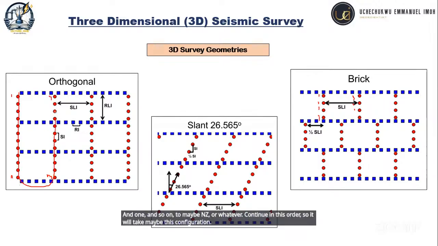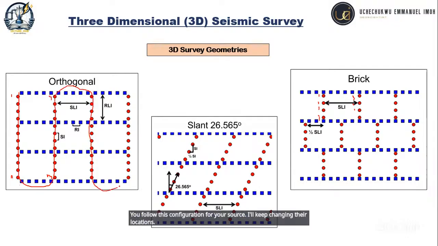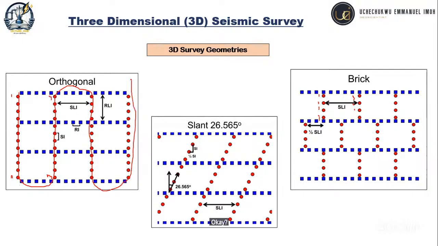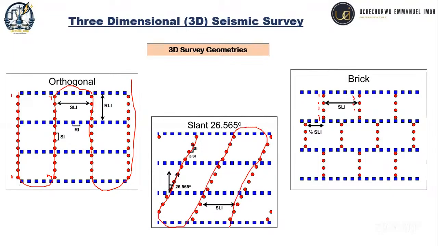You follow this configuration for your source and keep changing their locations, okay, until you finish the acquisition. For the slanting, you can take the same configuration until you finish. But for the brick pattern, you can think they go something this way, and maybe join this one and continue.